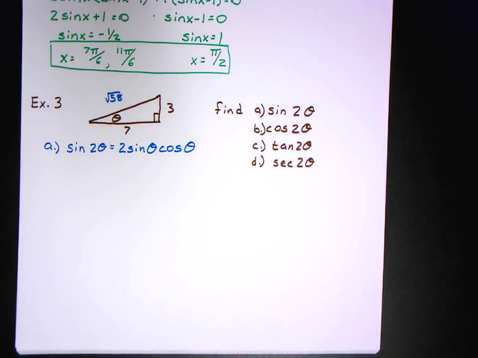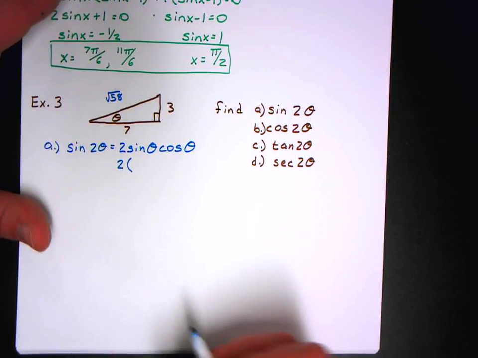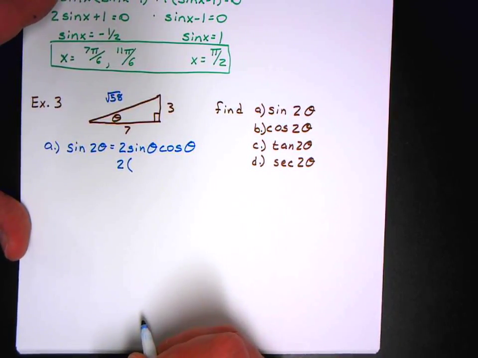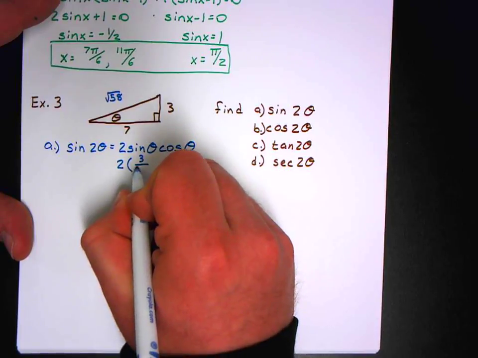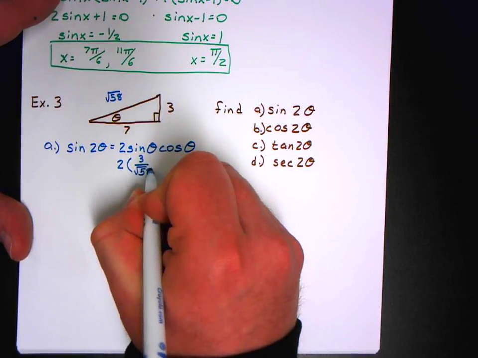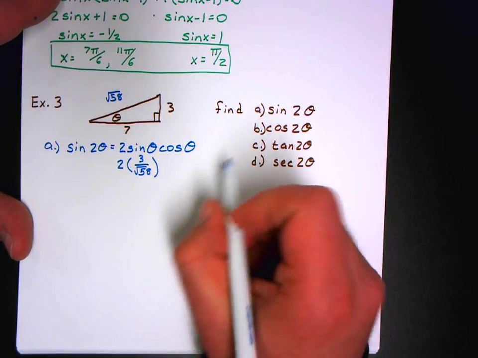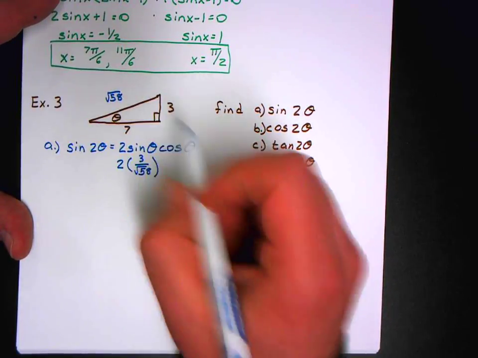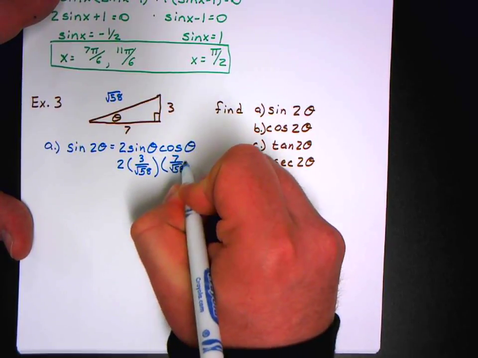So according to our formula, that's what sine 2 theta equals, correct? So that means I take 2 times sine of theta. Well, what's sine of theta? Opposite over hypotenuse. So 3 over square root of 58 times cosine of theta. Well, cosine of theta is adjacent over hypotenuse.